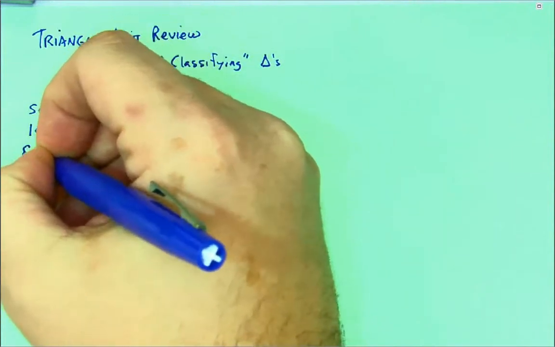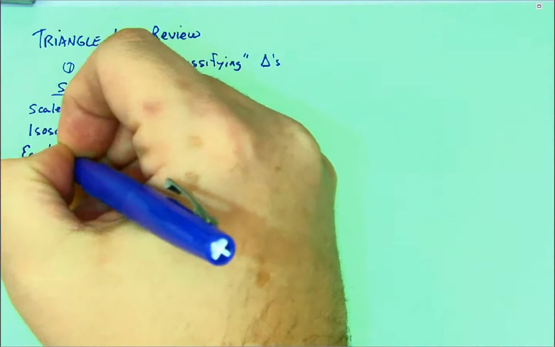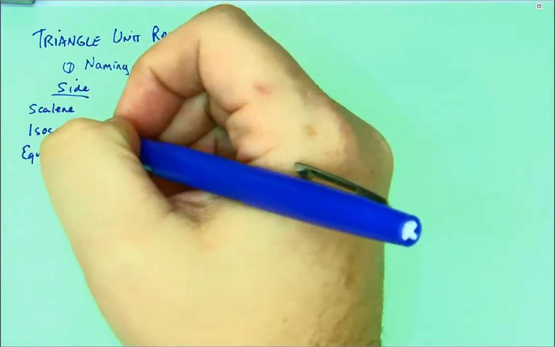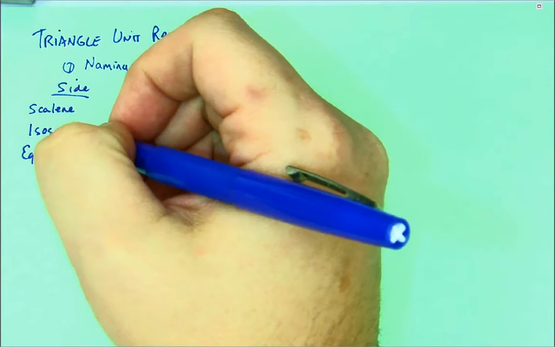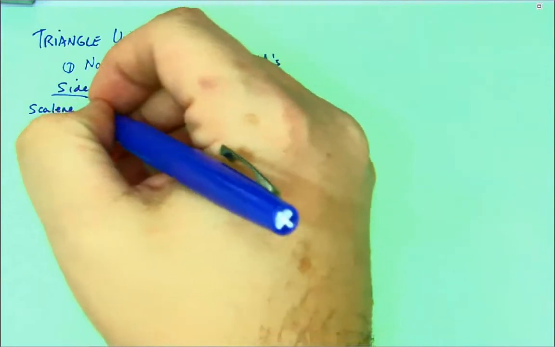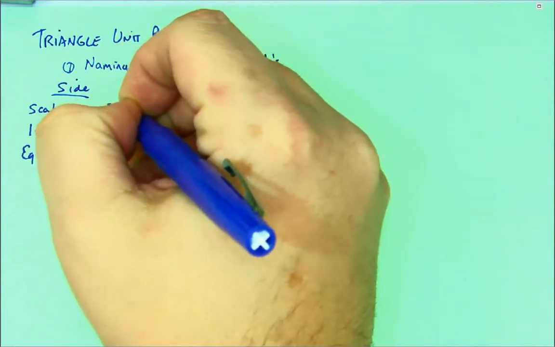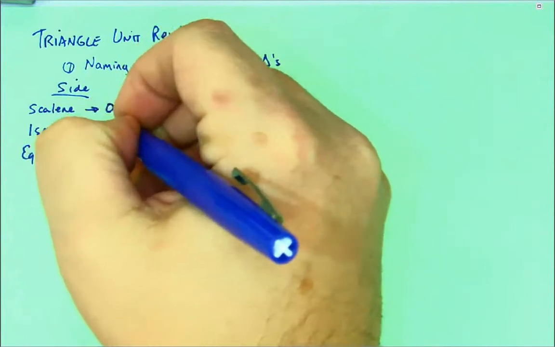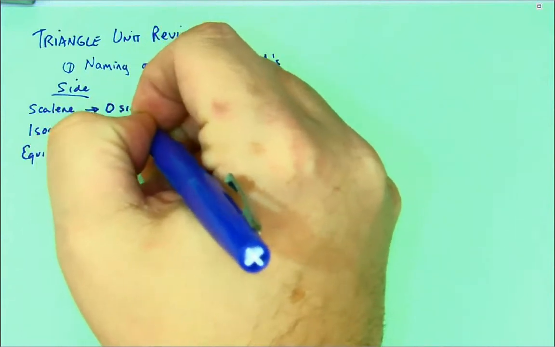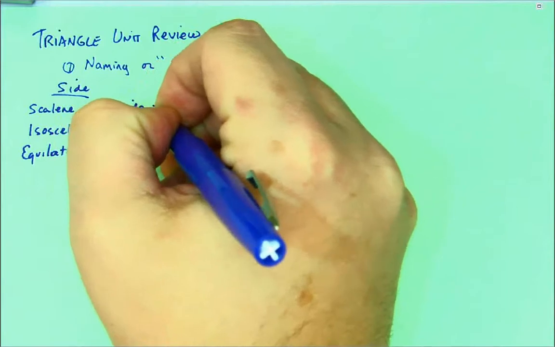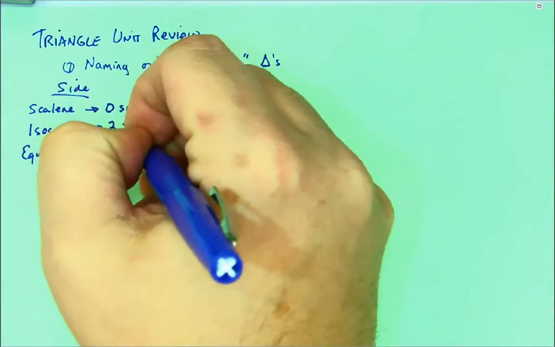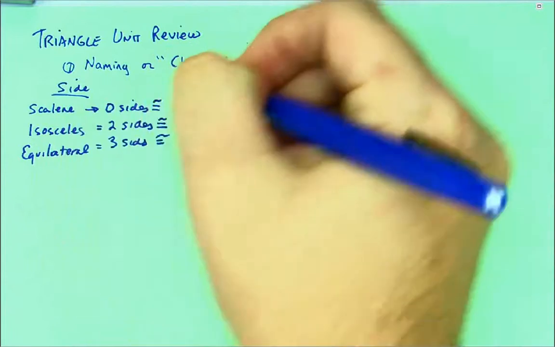And we could talk about equilateral. Scalene, 0 sides are equal. Isosceles, 2 sides, well, we'll say congruent. And equilateral, 3 sides are congruent.